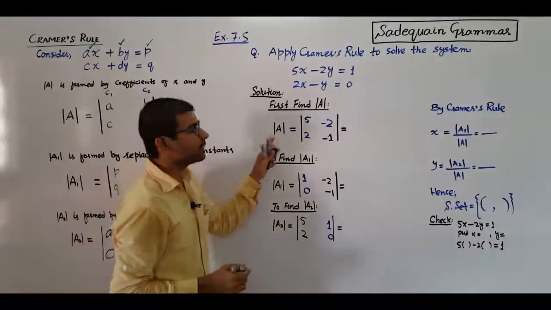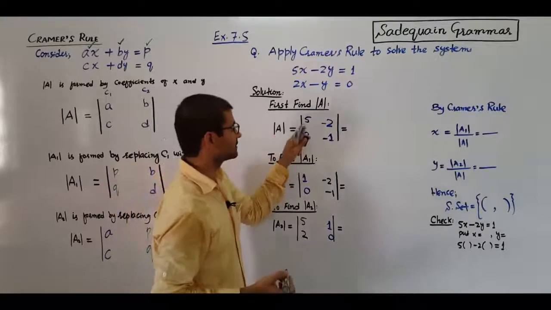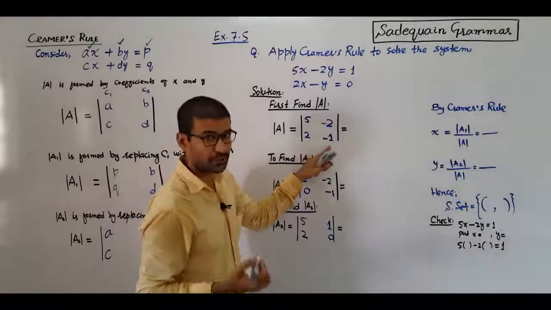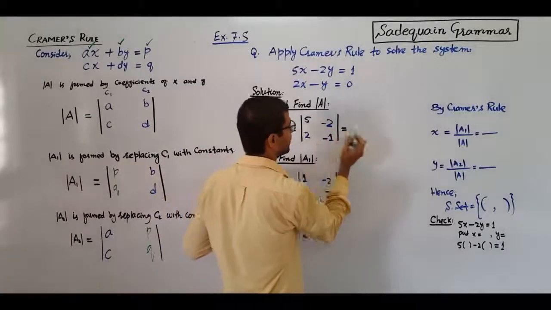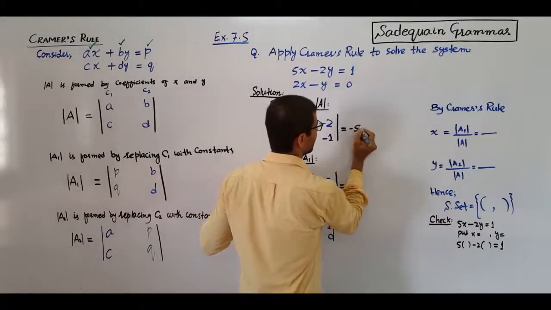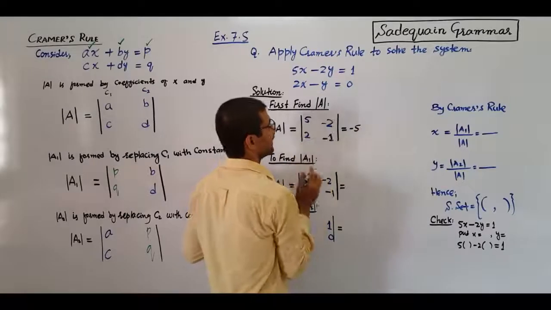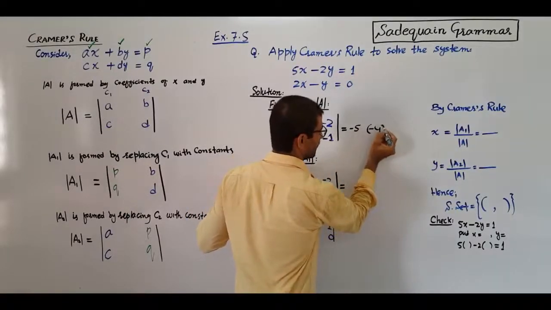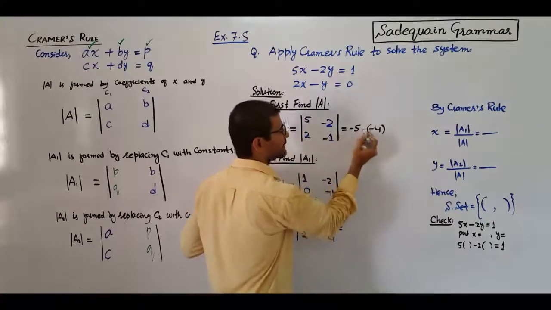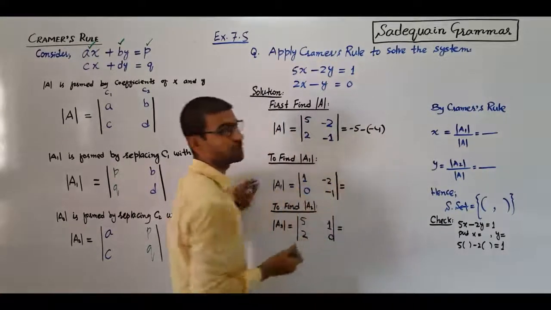Now we can evaluate the determinant by cross multiplication, product of diagonals and product of non-diagonals. Product of diagonals: 5 multiplied by minus 1, minus 5; 2 multiplied by minus 2, minus 4. Students, product of diagonals minus product of non-diagonals.